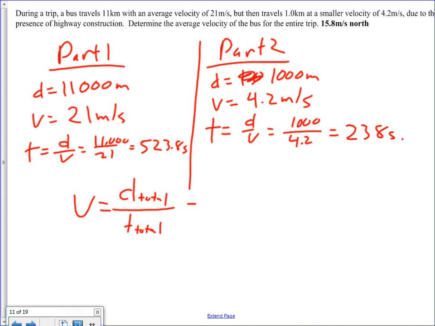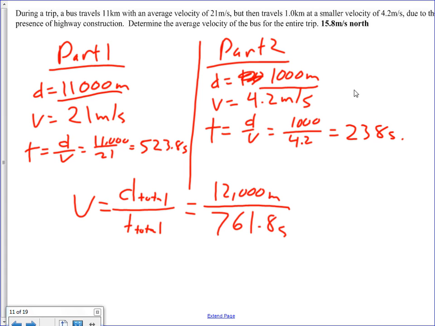So my total distance is 12,000 meters, 11,000 plus 1,000. My total time is 523.8 plus 238, so that is going to be 761.8 seconds.